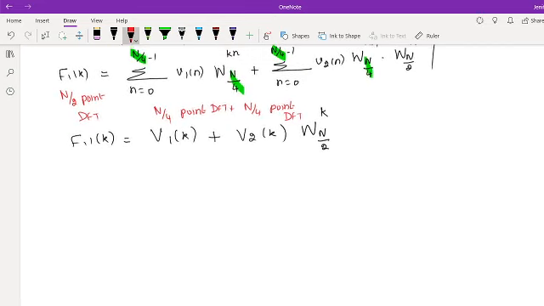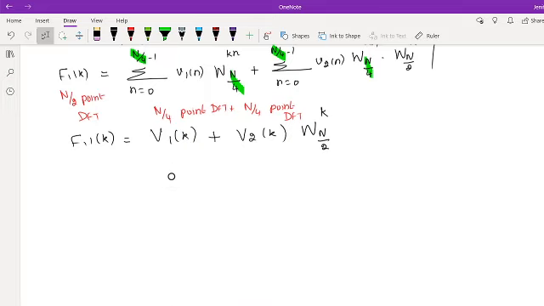Since it is N by 4 point, only 2 points are possible, that is 0 and 1, if N is 8. Previously we considered that N is 8 and we got f1 of k and f2 of k as two 4-point DFTs. Now the 4 points are calculated from 2 points, so the k values are only 0 and 1. I am going to apply k equals 0 and 1 here.